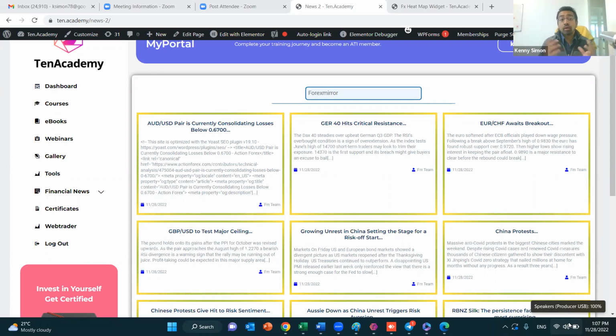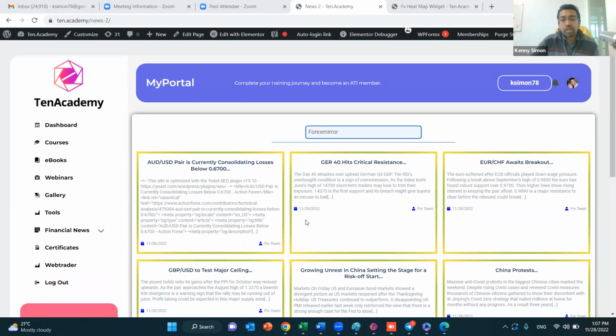Without further ado, what I will show you is the news section. The news section has been provided to all traders by forexmirror.net. Forexmirror.net amalgamates all the sources and then filters out the right type of headlines or breaking news for us as CFD traders, especially Forex traders.